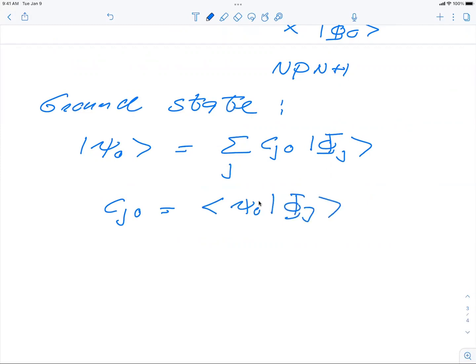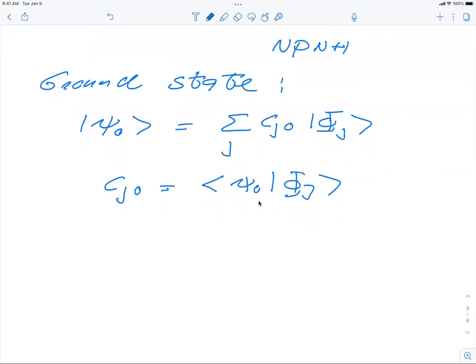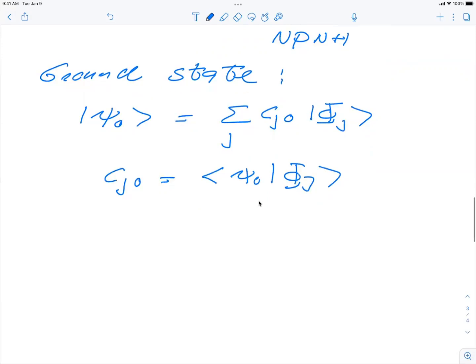So since we don't have psi 0, it means that we need to find a way to find the C coefficients. And this is what the many-body full configuration interaction theory is going to give us through a diagonalization problem. So we're coming back to that.